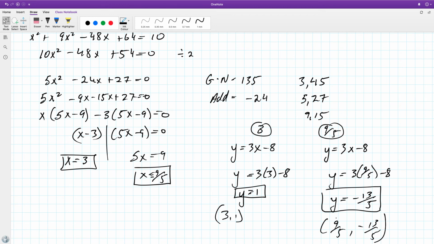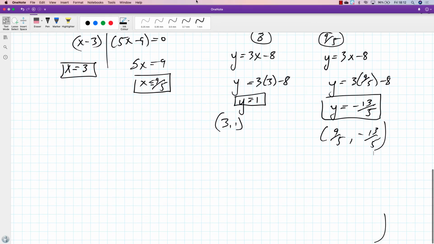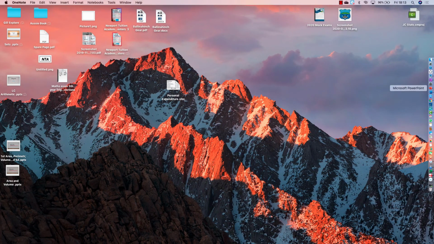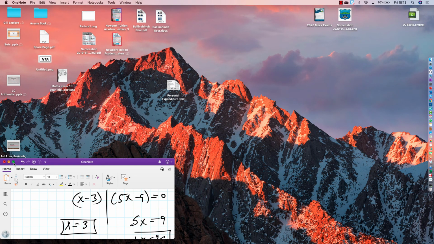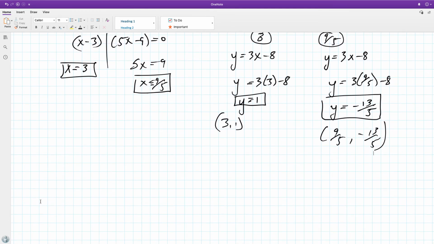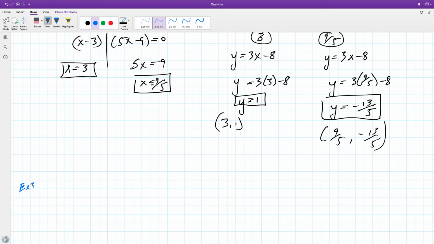Right, let's do another one of those. Make sure we get it right. Do this one for me: x plus y minus 6 is equal to 0, and x squared plus 2y squared minus 24 is equal to 0.